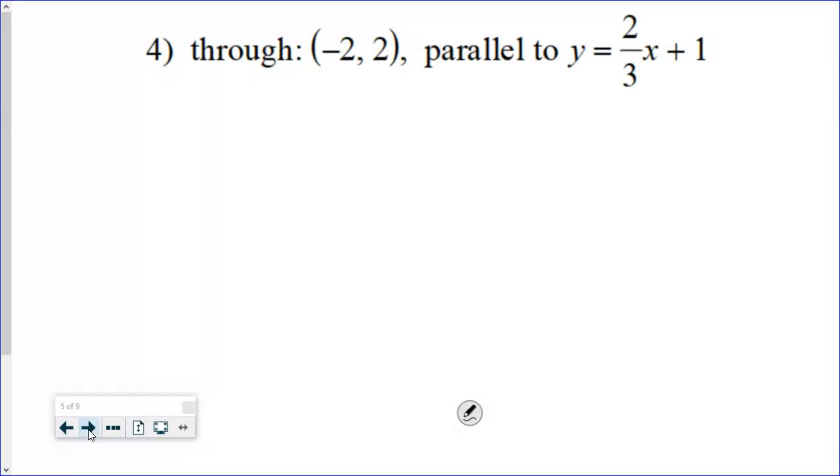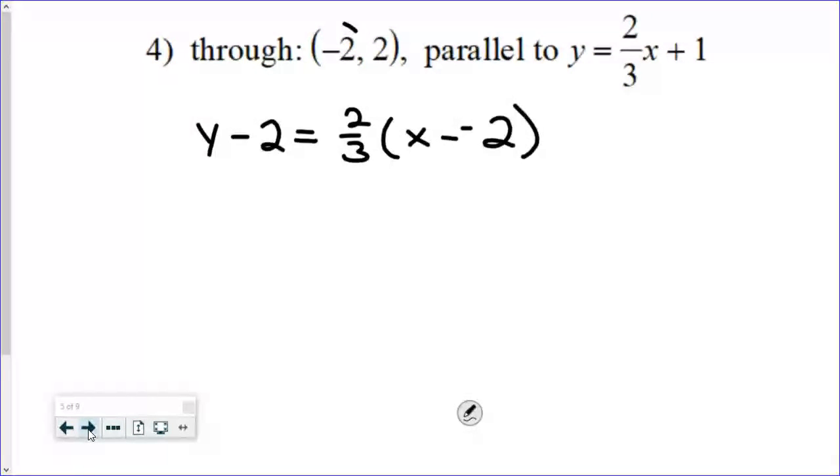If you want, I'm going to do another one. You can fast forward through if you want. So again, through this point, so y by the y, my slope is the same, x is by the x. Be careful, x's, y's. Okay, do the keep change, distribute.